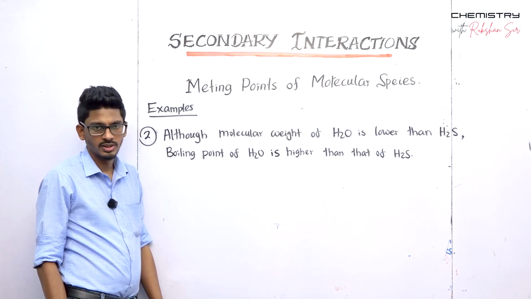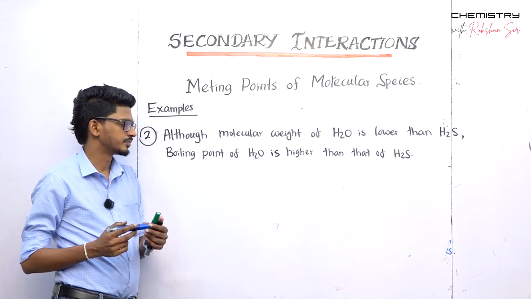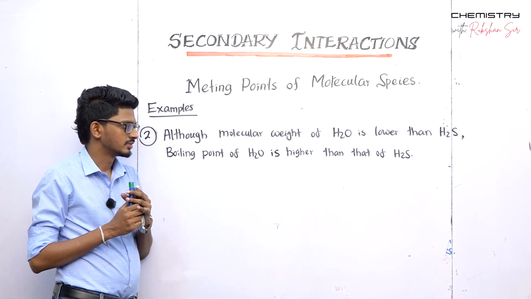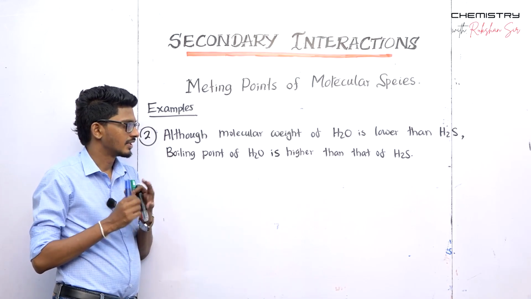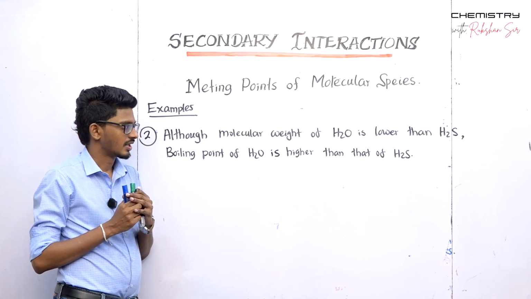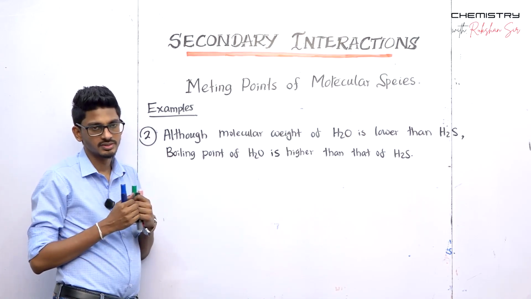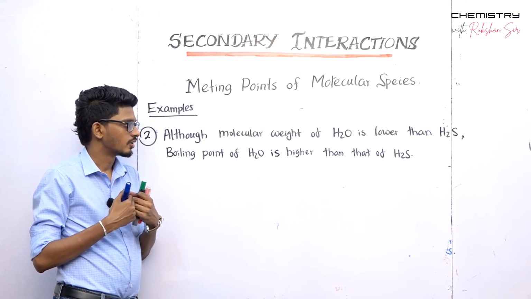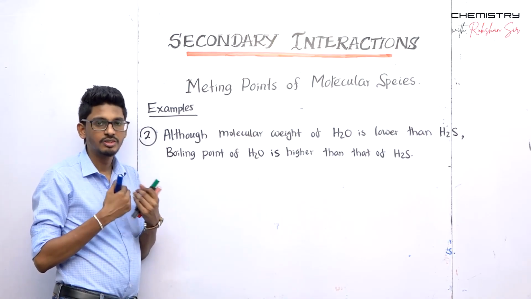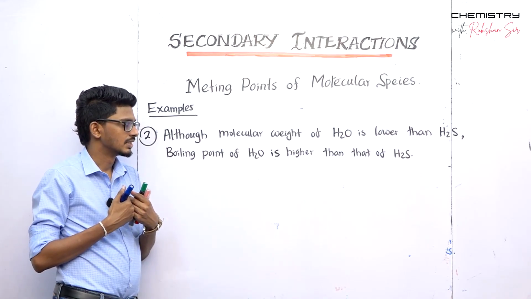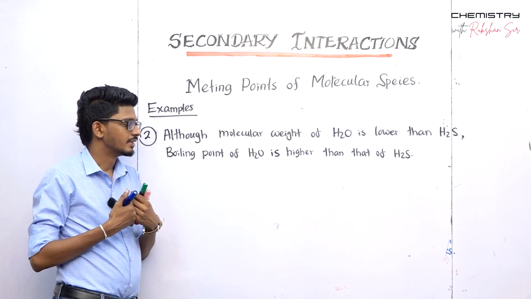So before commenting on this one, I'll give you a little idea here. Actually, which factor to consider, or which factor wins, whether the molecular weight or the secondary interaction strength, when determining the boiling point.